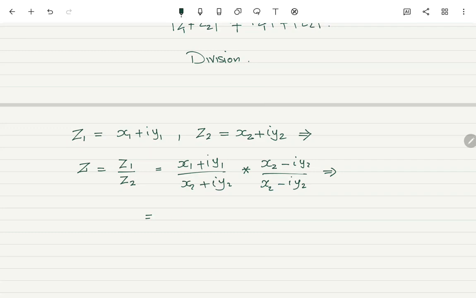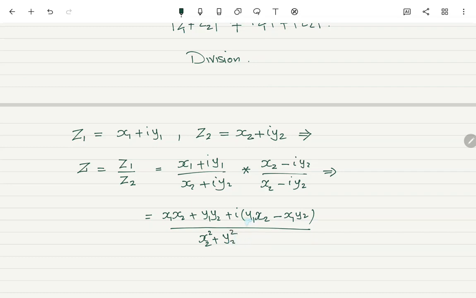You will get x1 x2 plus y1 y2 plus i (y1 x2 minus x1 y2), divided by, when you multiply a complex number by its complex conjugate, the result is x2 squared, as we defined before, plus y2 squared.